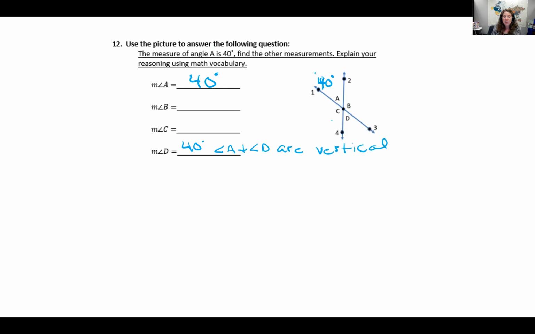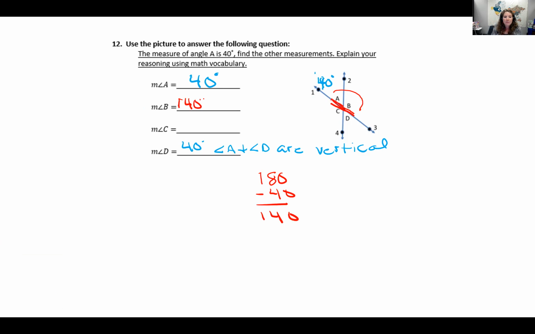Now how do I figure out what angle B and C are? Let me change colors. I know that A and B together form this straight line, and straight lines are always 180 degrees. So to get B, I say 180 minus 40 is 140. So angle B is 140.